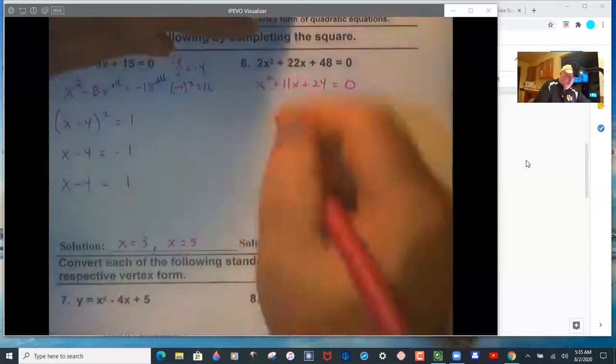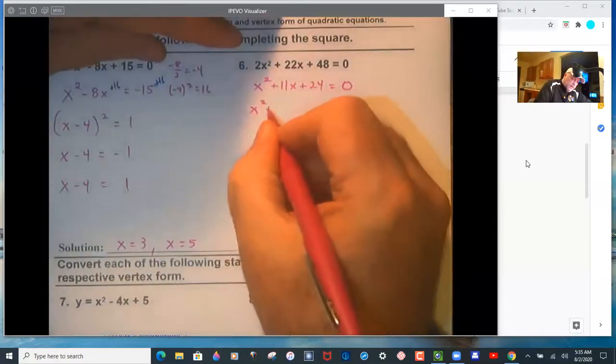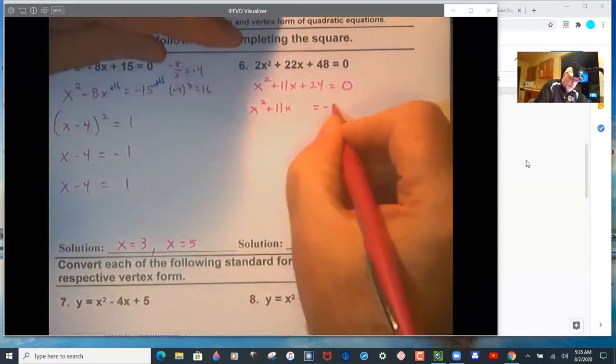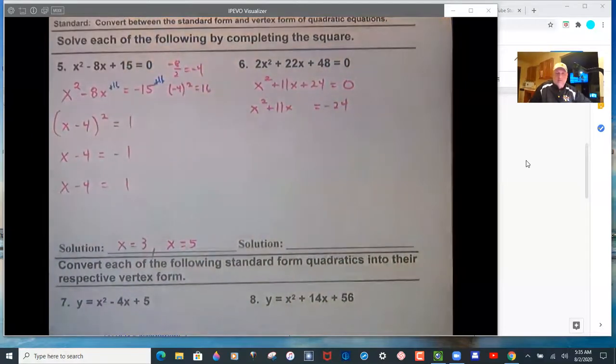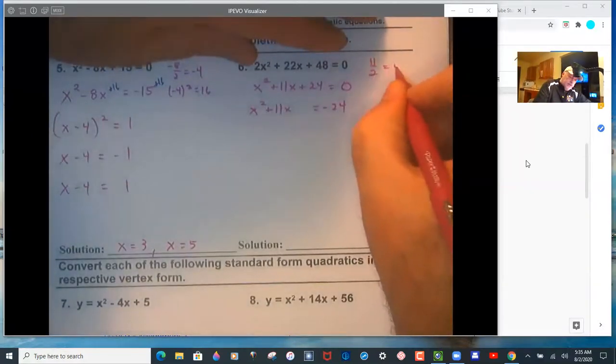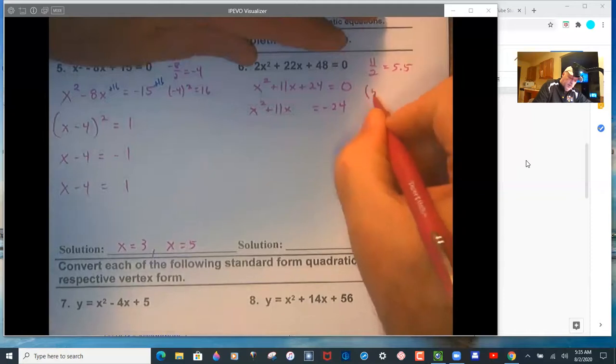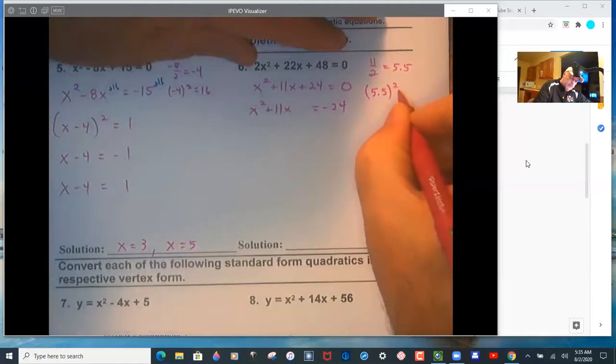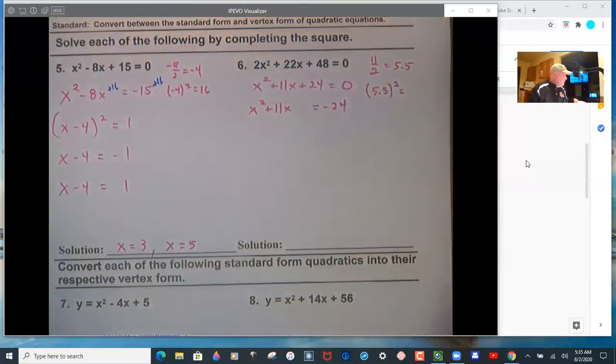Problem 6, you've got to divide everything by 2, and then begin your work. So x squared, take 24 over to the right, divide 11 by 2. That's 5.5, and then we're going to square that. And that squared is 30.25.